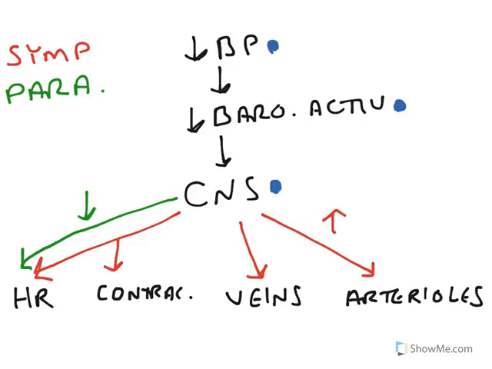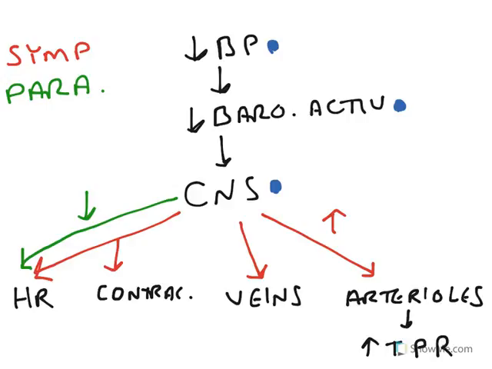So thinking about the effects of sympathetic activation first, one thing that we note is that the arterioles constrict. And constriction of arterioles leads to an increase in total peripheral resistance.